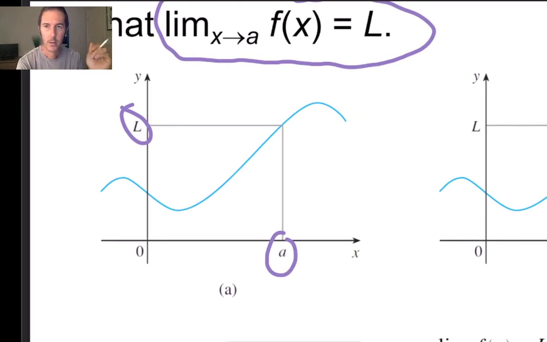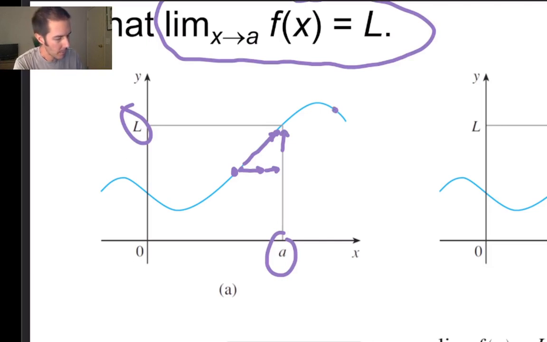And let's talk about what happens to our y values as x approaches a. So maybe we start from here, and as my x values are moving to the right, that pushes me up this blue curve, and as my x values get really close to a, my curve gets really close to this point, which means my y values are getting really close to a y value of L.